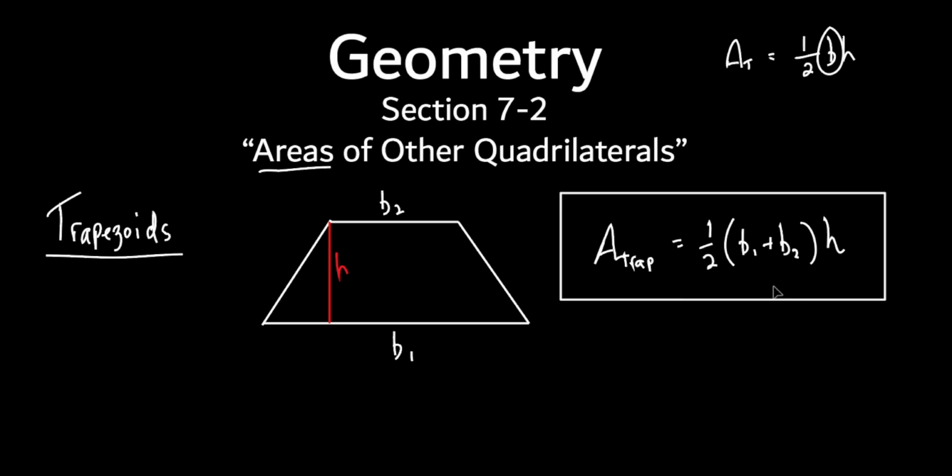Does that make sense? Yeah. We did this whole thing where I split this into two triangles, okay? What's the area of this? This one is 1/2 base times height, correct? What's this one?